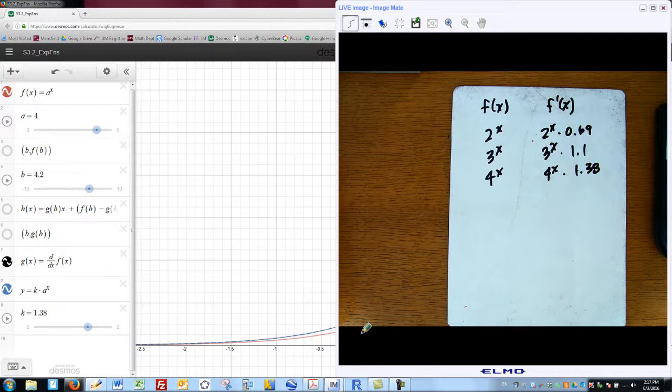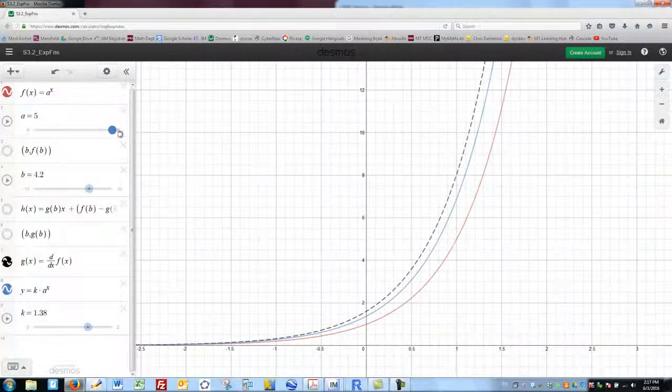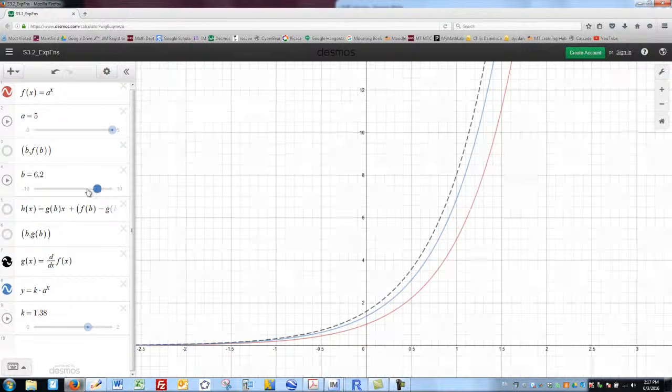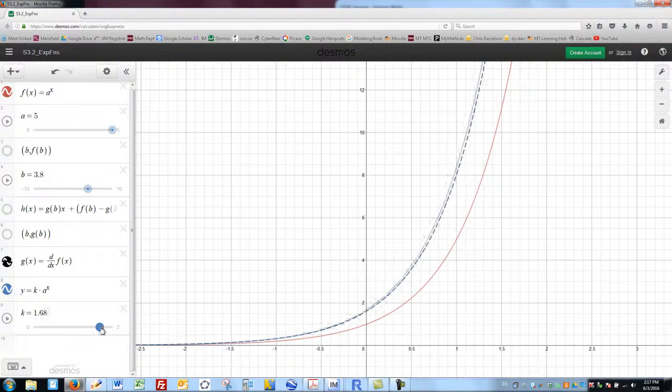Well, let's just go one more step here, run it all the way up to 5, and ask what k would have to be. Somewhere in the neighborhood of 1.62.